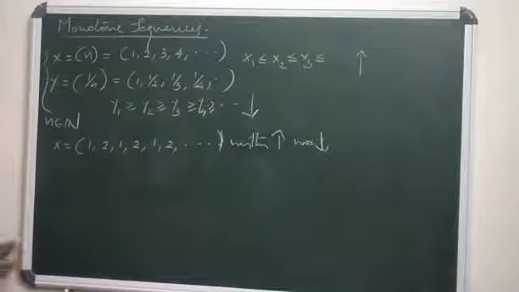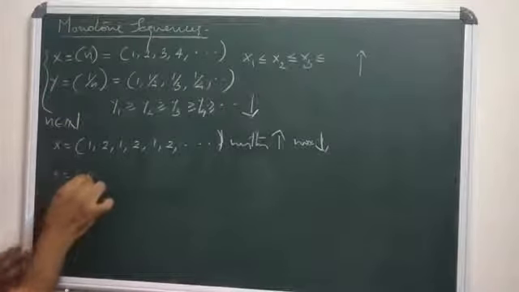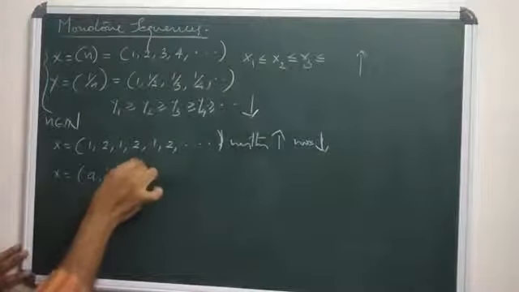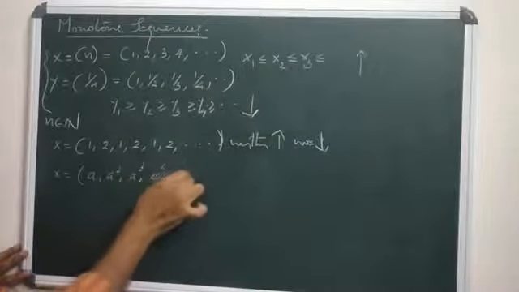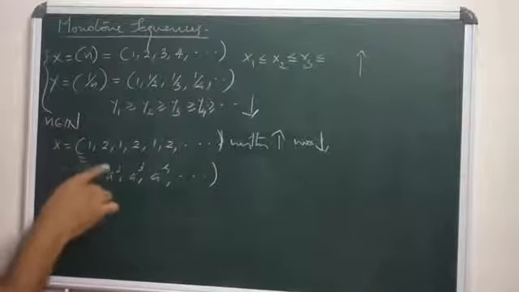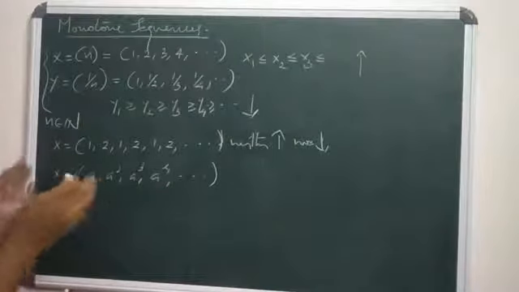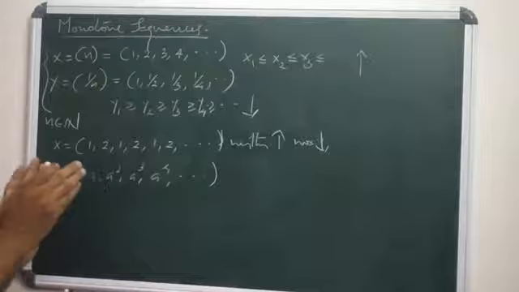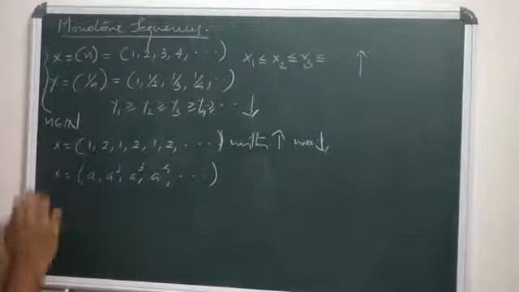Consider another sequence x equals a, a square, a cube, a power 4, etc. What is the nature of the sequence? The behavior of the sequence heavily depends upon the nature of a.